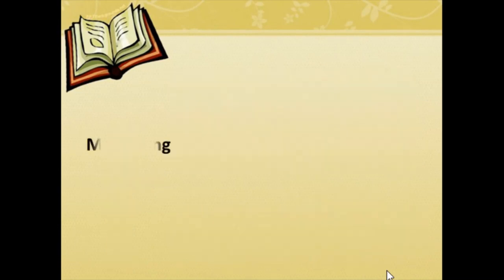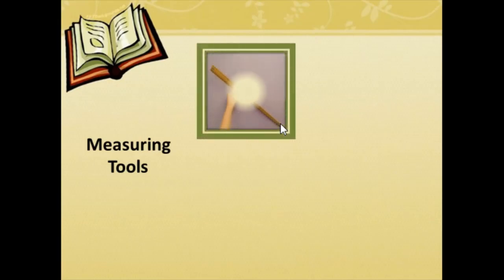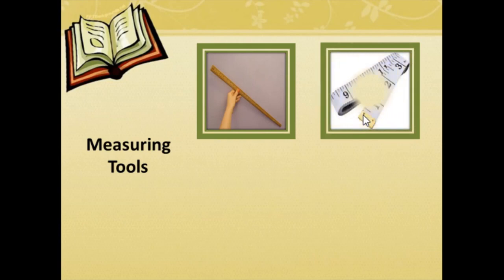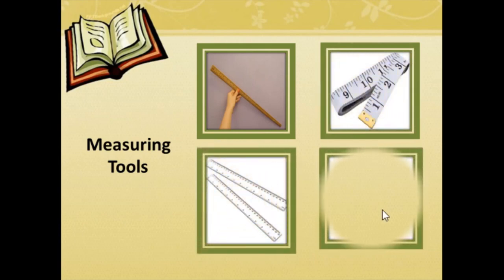Let's begin with knowing the different measuring tools. Repeat after me: measuring tools. So what are measuring tools? These are objects that we use to take measurements of different objects, whether small or big. First measuring tool, we have 1, 2, 3, and 4.